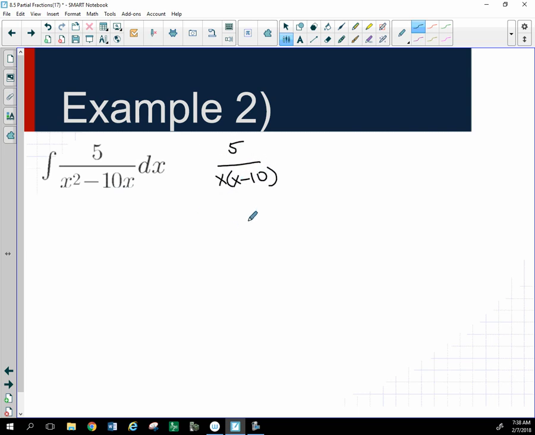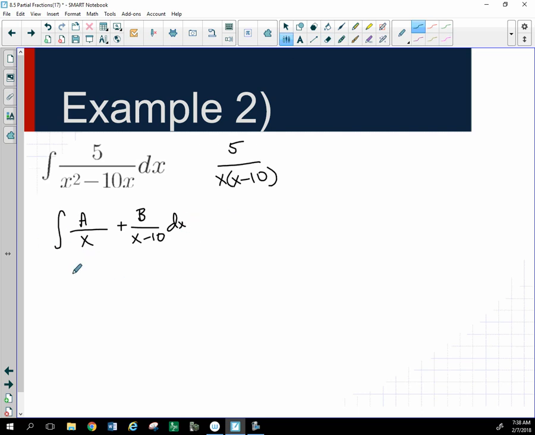That's my factors in my denominator. So then I'm going to write this as a over x plus b over x minus 10. Same idea, and you can pause the video here and complete this, and then come back to the answer when you think you have it.